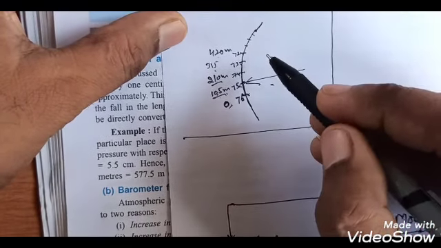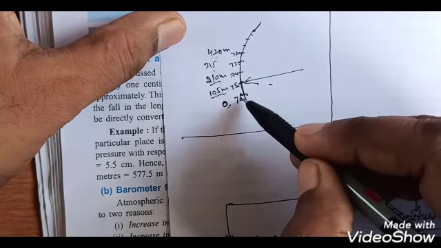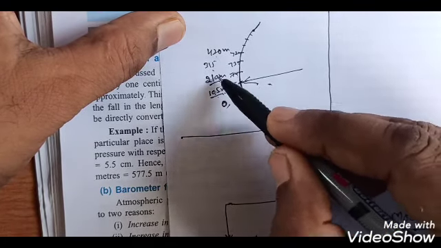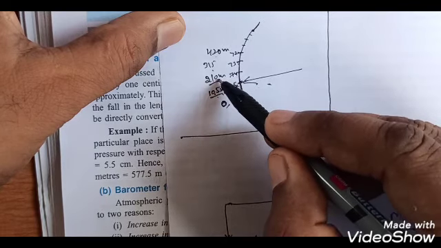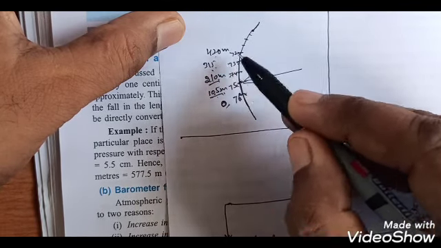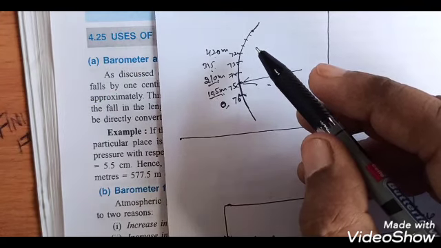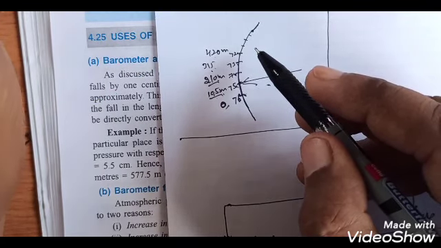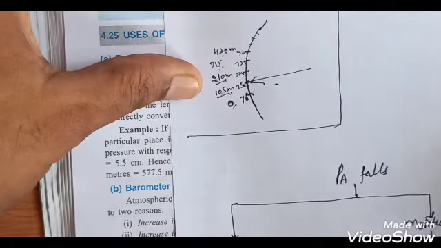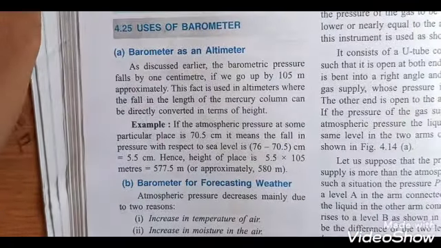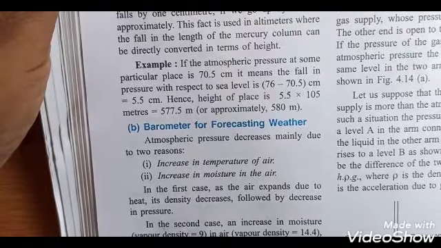So in case of the Android barometer, if on the scale in place of pressure we put altitude, at 76 0, 75 105, at 74 210, 73 315 and so on, then that Android barometer behaves like an altimeter, meaning it becomes an altimeter for us. So what is the use of barometer? That it can be used as an altimeter also.